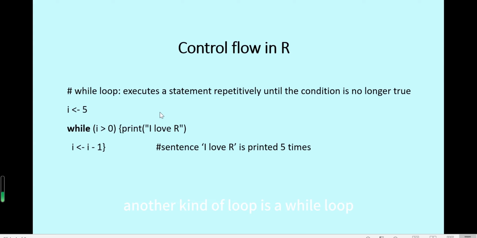Another kind of loop is a while loop. A while loop will execute a statement repetitively until the condition is no longer true. For example, we set the initial value i equals 5. Then a while loop: while i larger than 0, then inside this brace, because we have 2 statements, we have to use a brace.